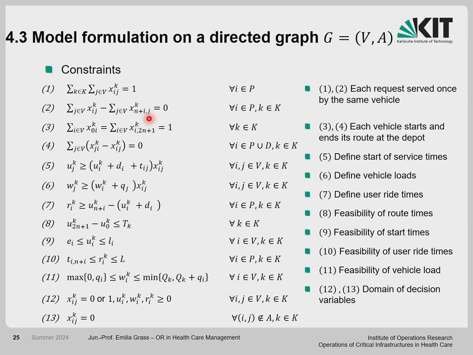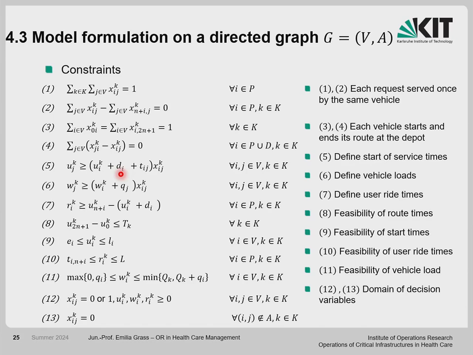constraint group. This is to define the service time. So of course, u is the service time starting at node i, let's say at 8. Okay, so it starts at 8. Then in this surgical ward, they need 15 minutes to load the patient.